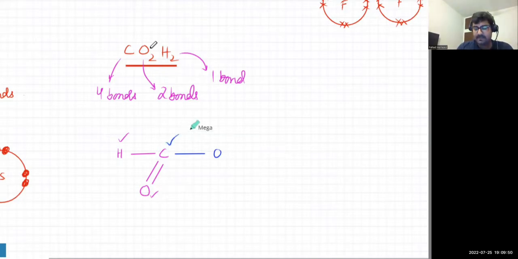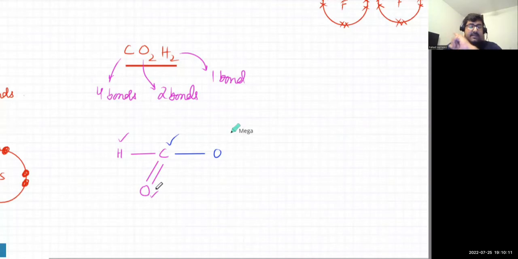Is this one, is its bonding complete, is it making the right number of bonds or not? No, how many bonds should oxygen make? It should be making 2 bonds. But at the moment, this oxygen is fine. There's nothing wrong with this oxygen. It's making 2 bonds. But this other oxygen is not fine.